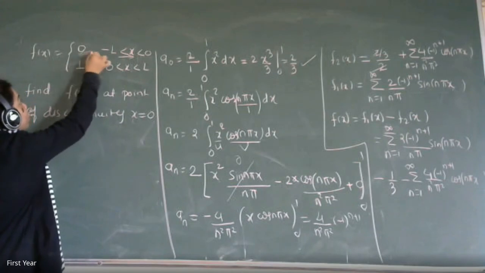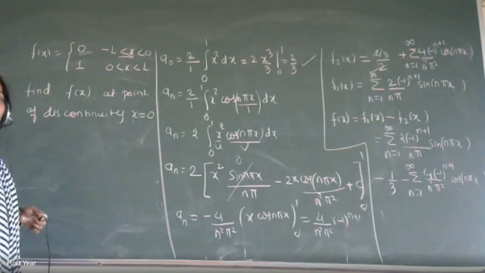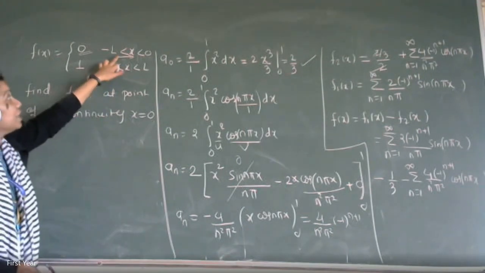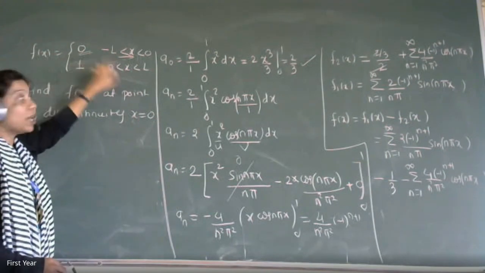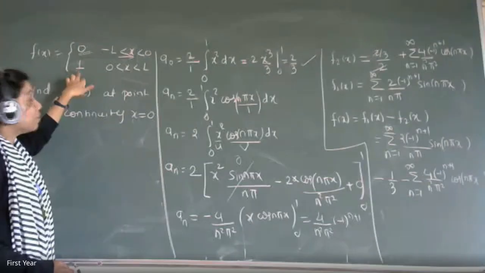What's the value of the function? 0. Yes, say it with confidence. Left hand limit means 0 for the negative side, f of x is 0. Right hand side is the 0 plus side. So what is it? 1.